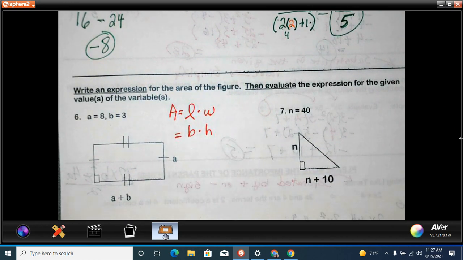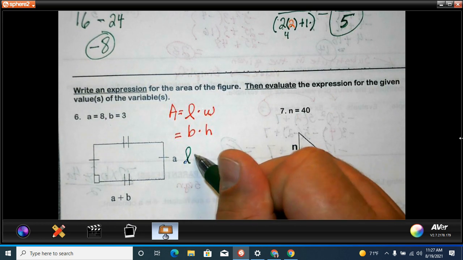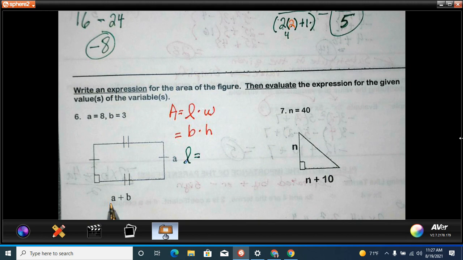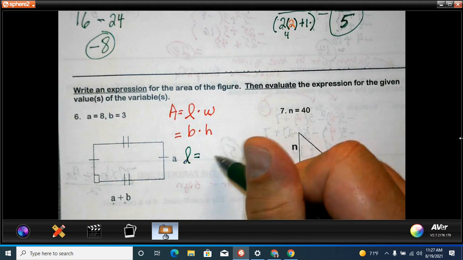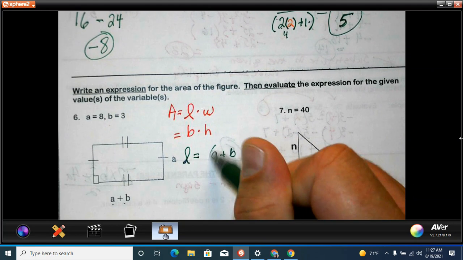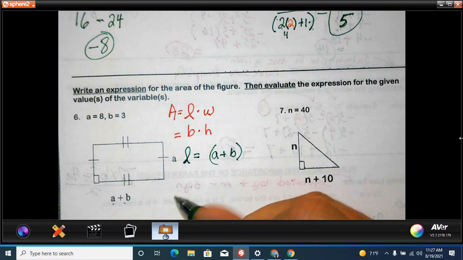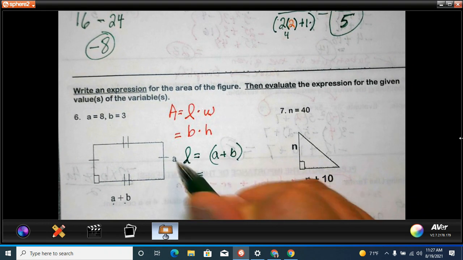So I'm going to define my variables. Length is a plus b. And again, since I have two terms, I'm going to use those parentheses. My width is a.